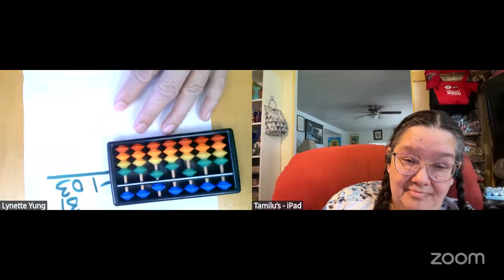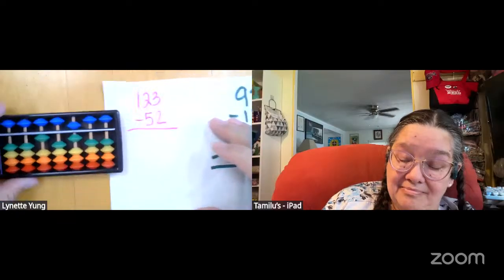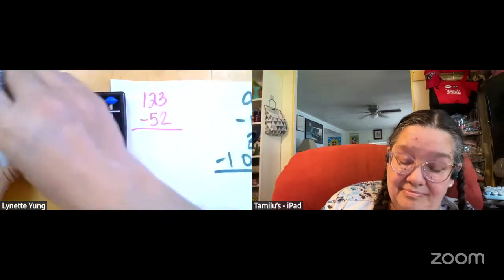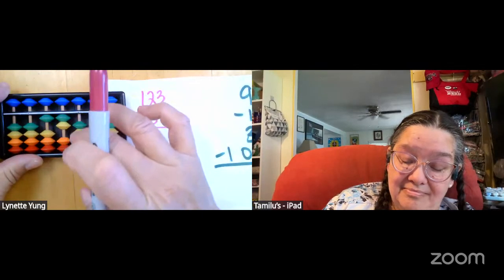What I've been doing lately is I go 123 and then minus 52, and I put my fingers over there on the abacus, and you already know that you can't subtract 5 from 2. So you automatically take away the 10 and then you add the 5. But that's just one thing that I have been doing for myself.